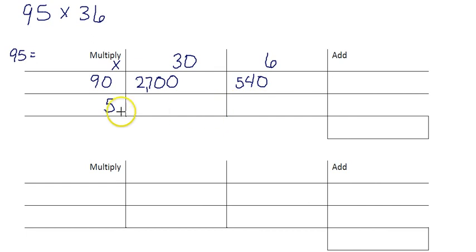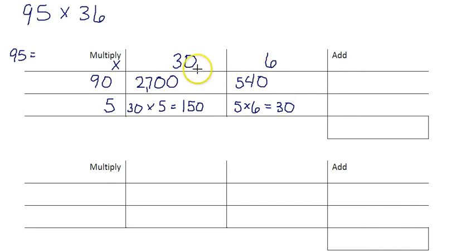Okay, now make sure you do not include this in this. You're multiplying these numbers on the outside. So this is 30 times 5. 30 times 5, that's 150. And I should have done that in here to show you guys too. And then 5 times 6 is 30.